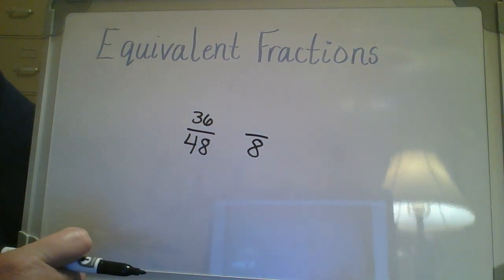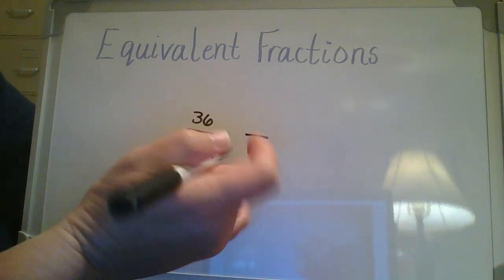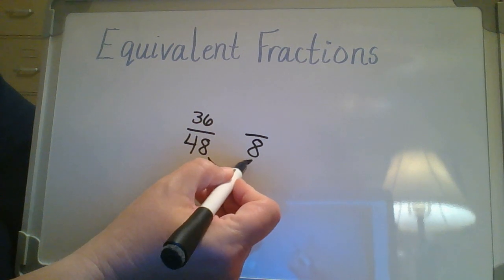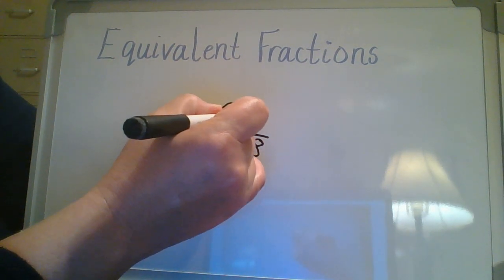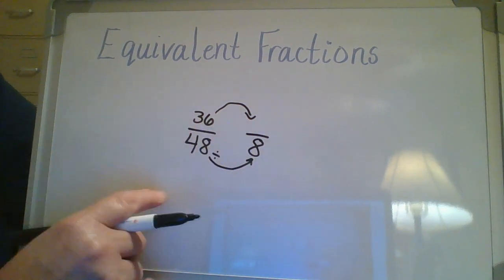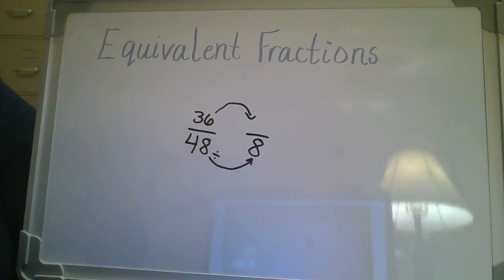36/48. Dr. Matthews, it's too early in the morning to try to do this kind of math. I believe in you. Even though I haven't seen you in 2 weeks, I know that you can solve this. What I do to my denominator, I must do to my numerator. So 48 divided by what equals 8?